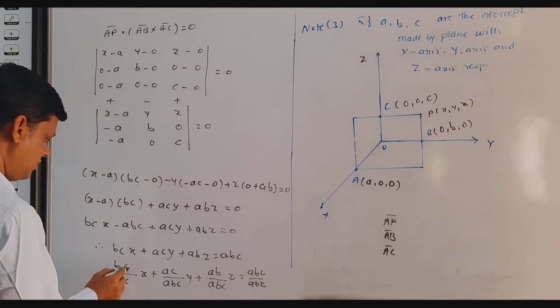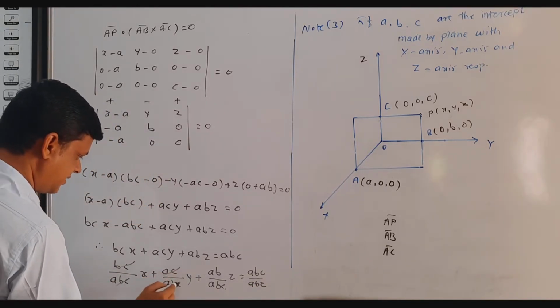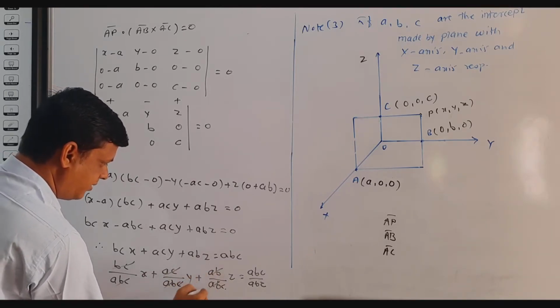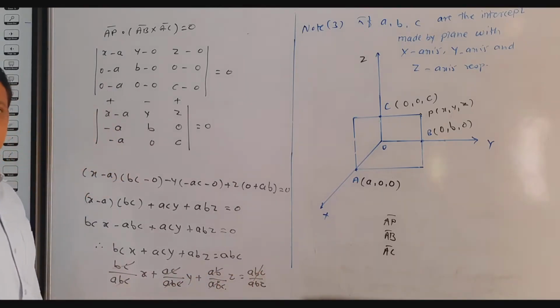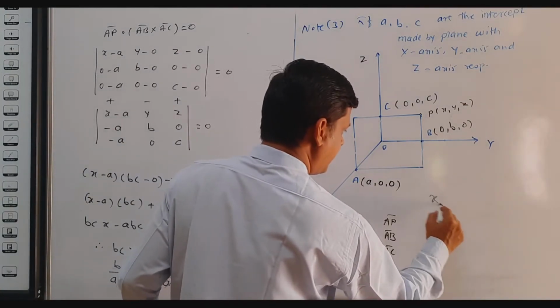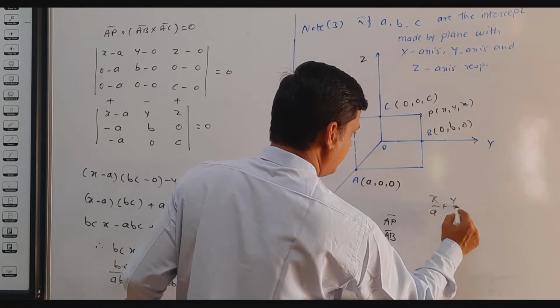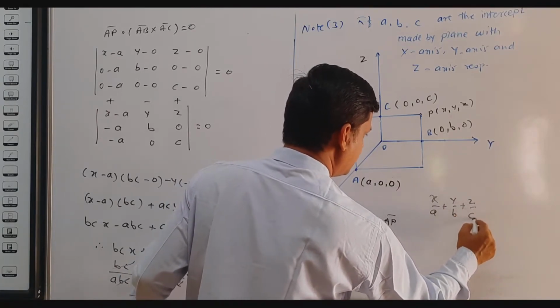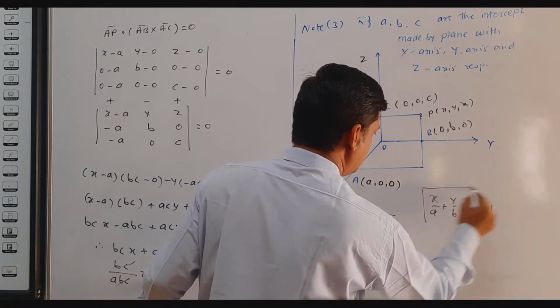Now bc gets cancelled, ac gets cancelled, ab gets cancelled, and on the RHS abc cancels as well. So we get x by a plus y by b plus z by c equals 1.